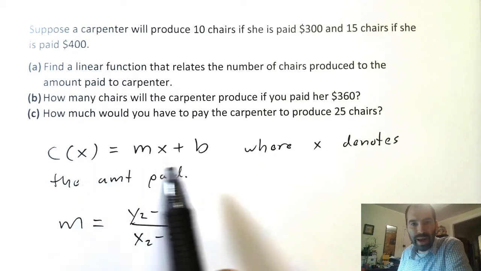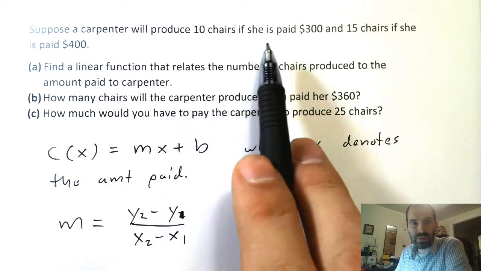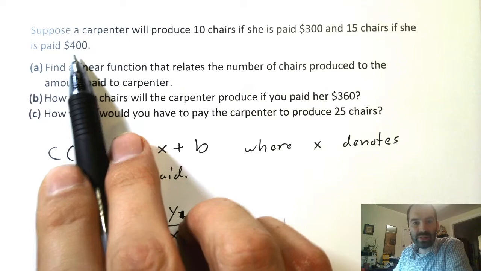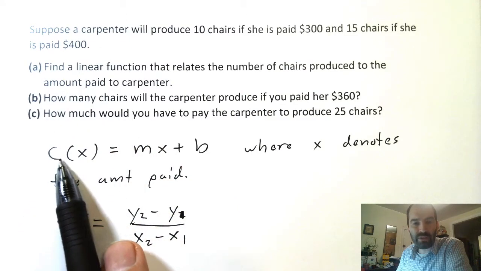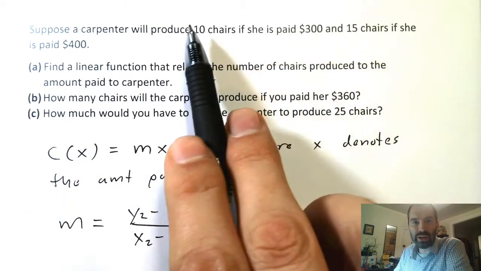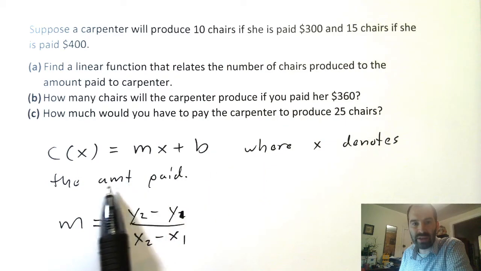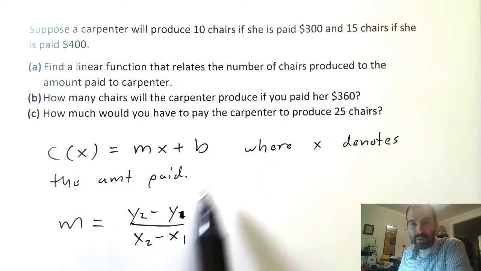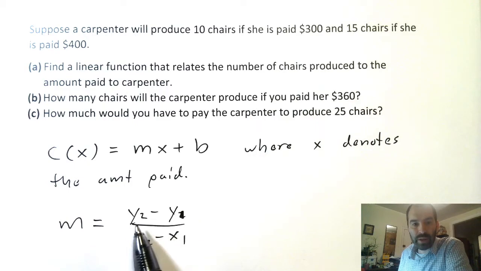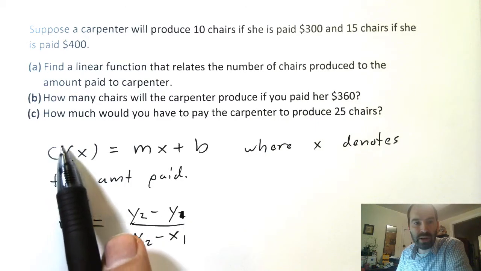Remember, x is the amount paid, so that's these values, and the y's are the values of the function, the number of chairs. That's why it's important that we write this down so that we don't get confused.